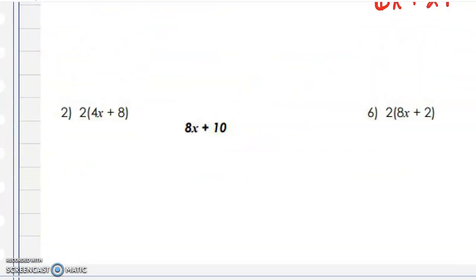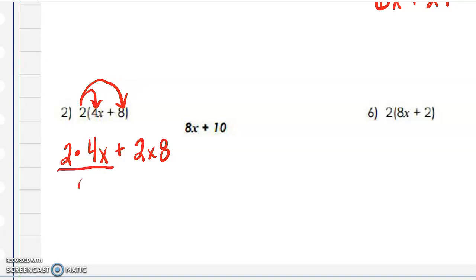Okay, let's look at number 2. I have a first arrow going to the first set. So that is 2. And again, they used 4x, so I'm going to do the dot. 2 times 4x plus 2 times 8. I'm going to use PEMDAS, so I'm going to multiply left to right. So 2 times 4 is 8.